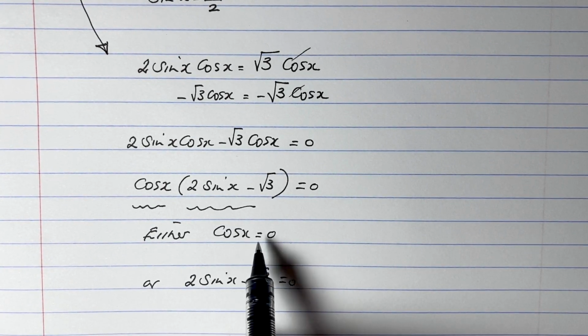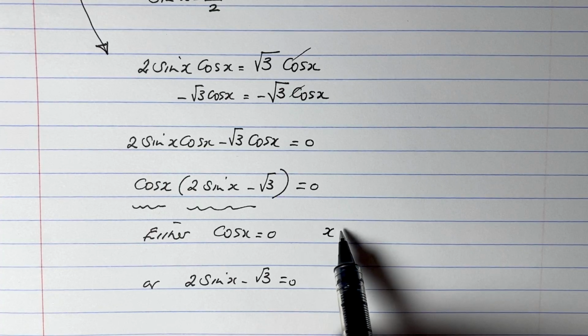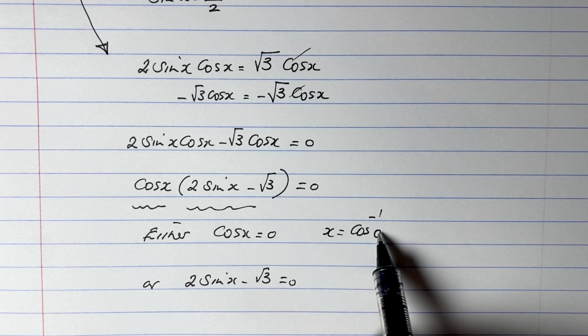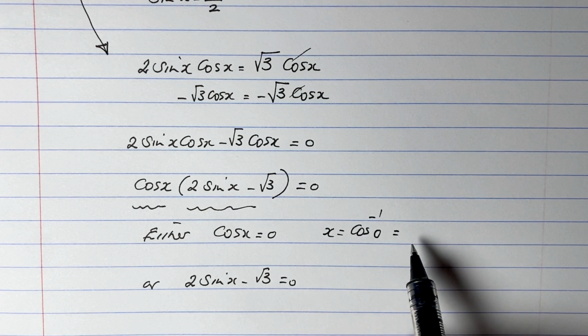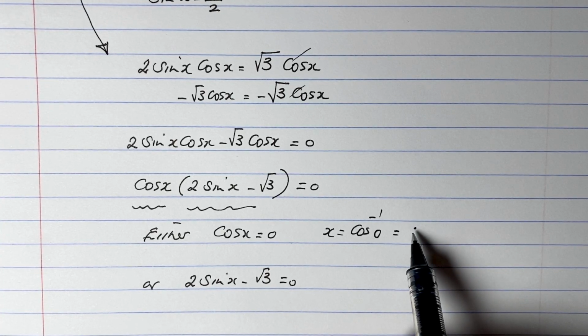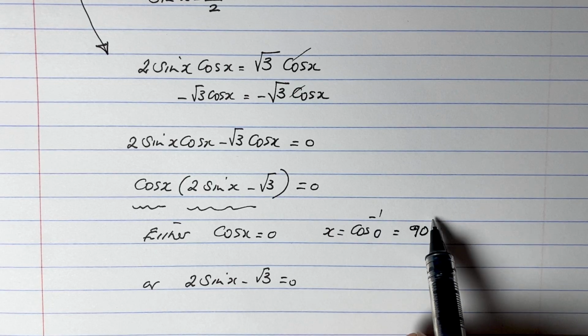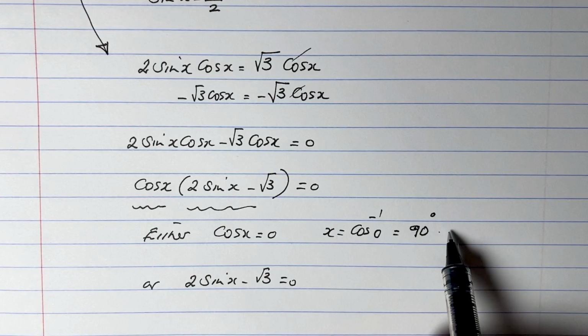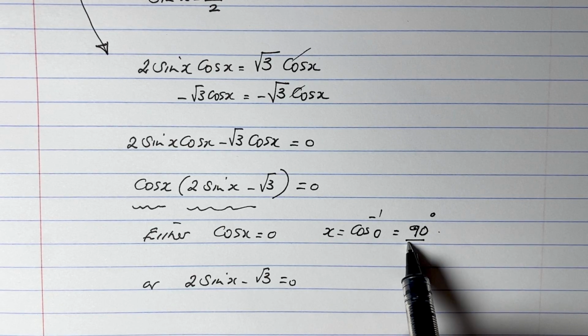So if cos of x equals 0, x is inverse cos of 0. And if you use a calculator, inverse cos of 0 is 90 degrees. Of course, there are other angles, but this is the principal angle.